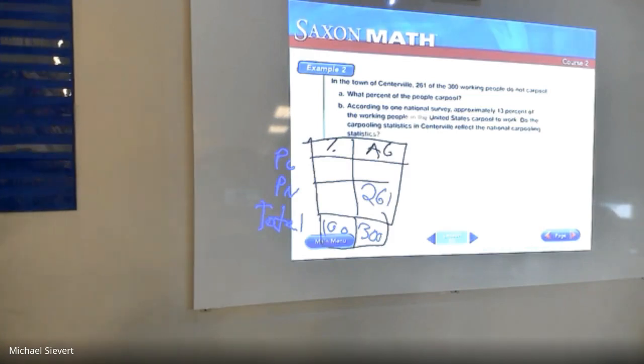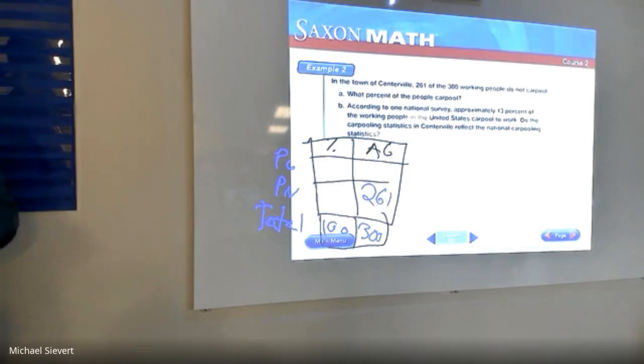All right, how many people actually carpool? If you took 300 minus 261, what is the actual count for people who are in a carpool? 300 minus 261, three hands, got it.